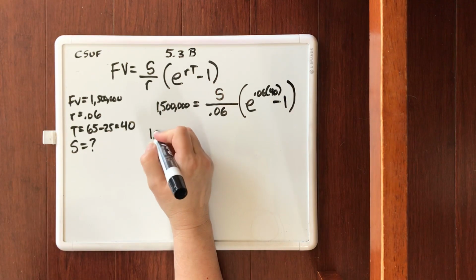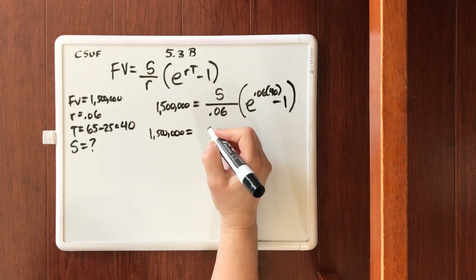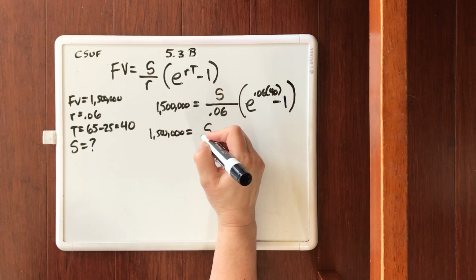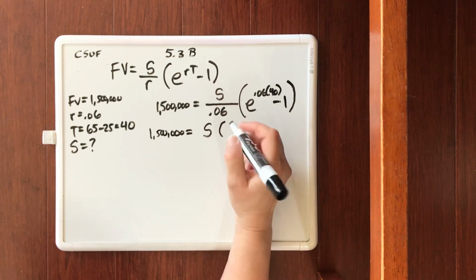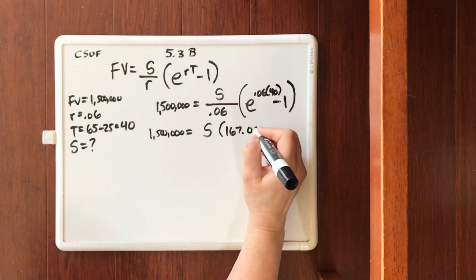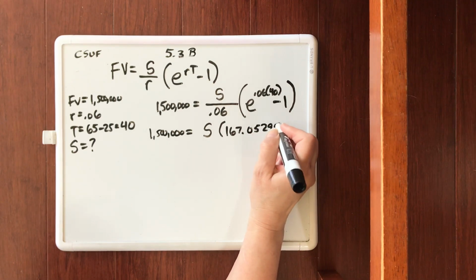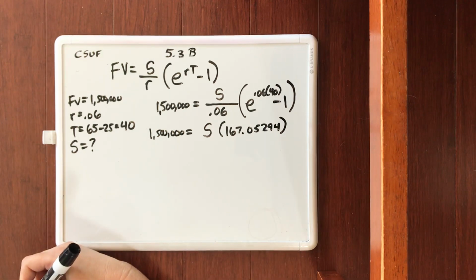Okay, so we have 1,500,000 equals S, and all of this divided by 0.06 is going to be 167.05294. I always like to go out 5 decimal places, okay?